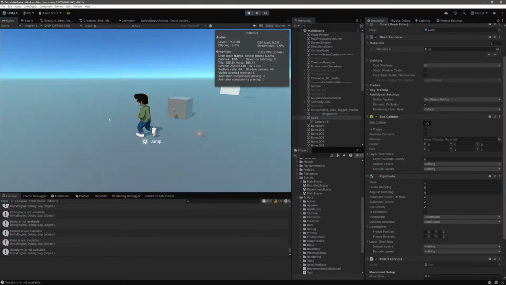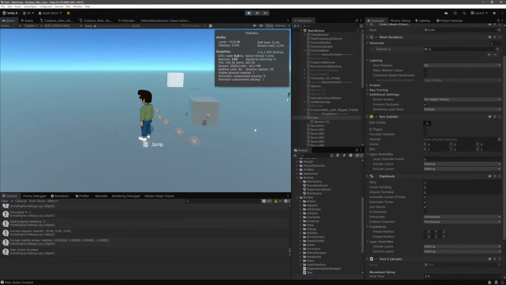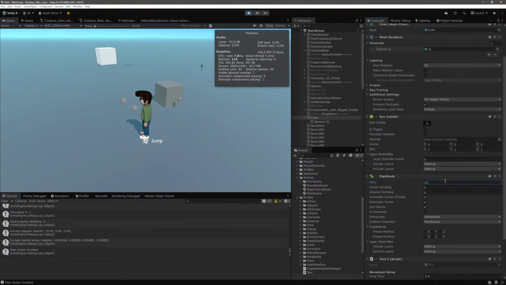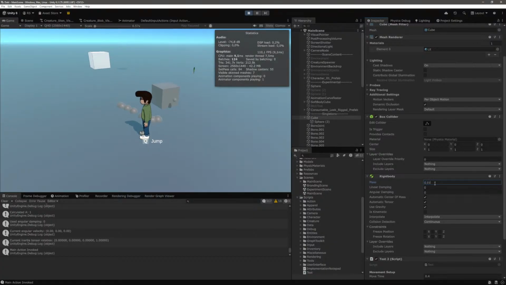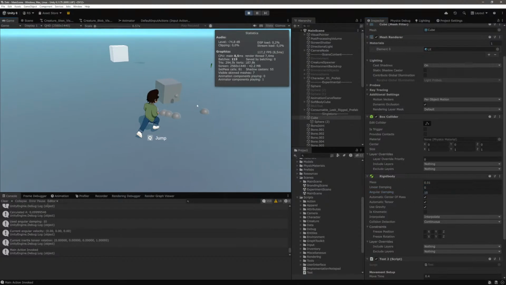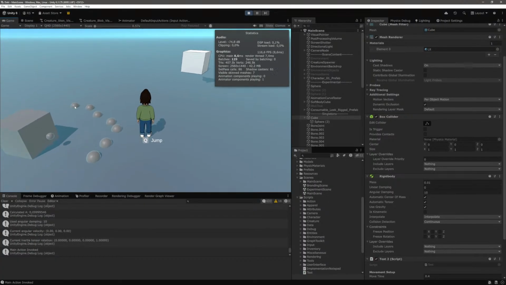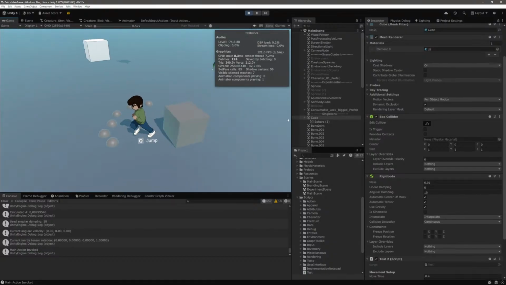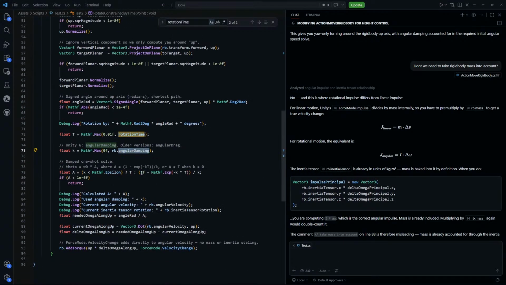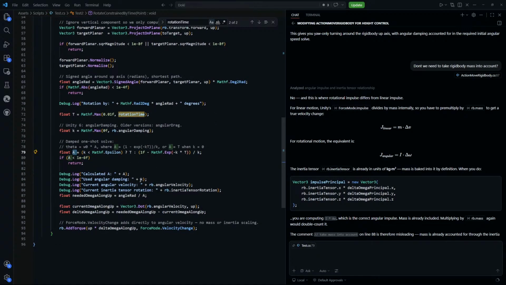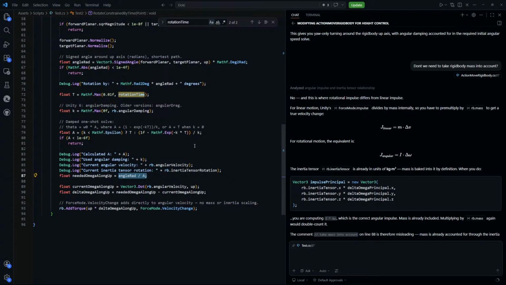Mass 10, mass 1. The more damping we get, the higher we set it, yeah, the smaller this one becomes, I guess.